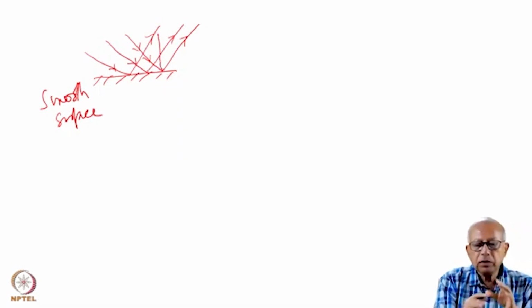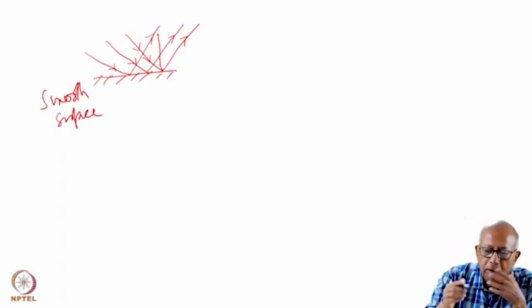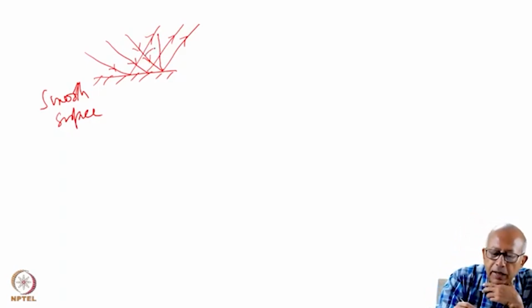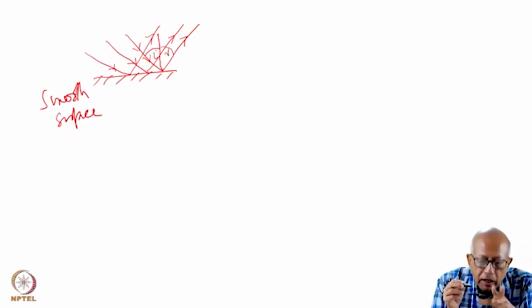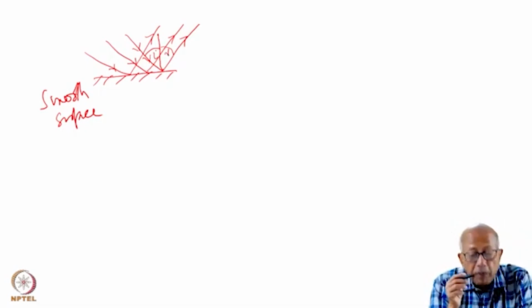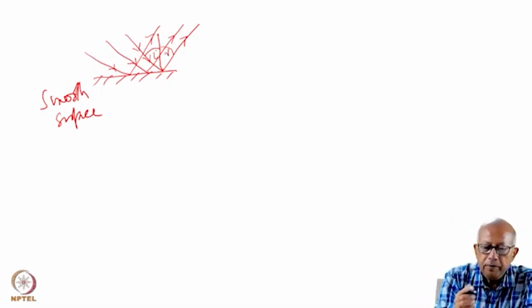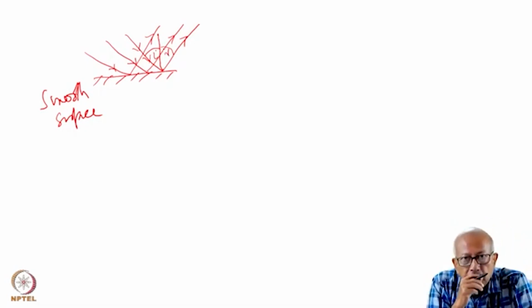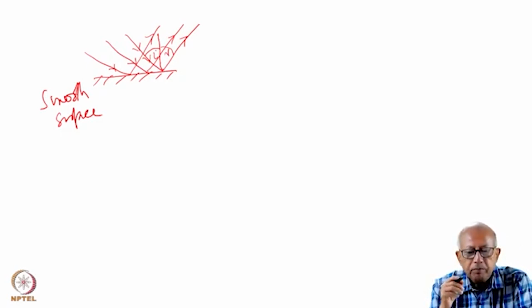So when the reflection is from such a smooth parallel surface, the angle of incidence is equal to the angle of reflection. And such reflections are called specular reflection, where the angle of incidence becomes equal to the angle of reflection.